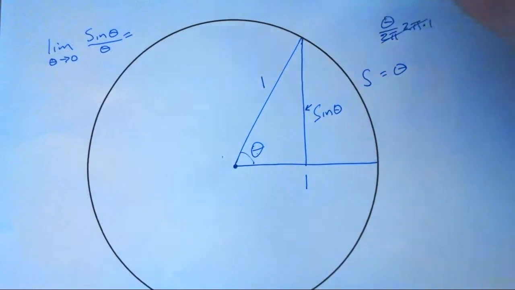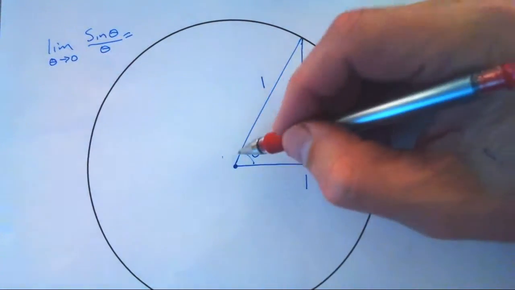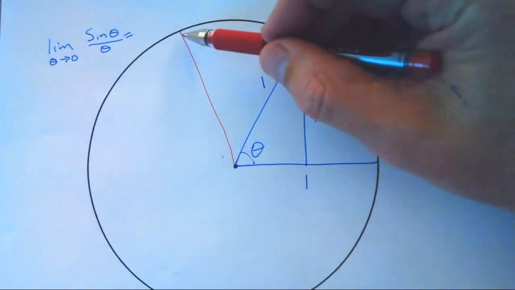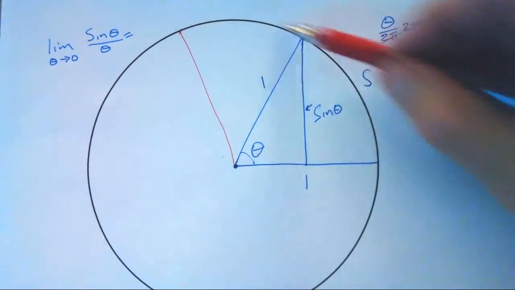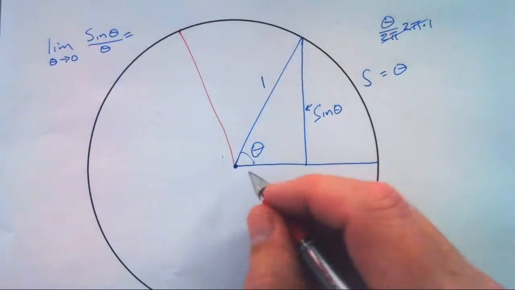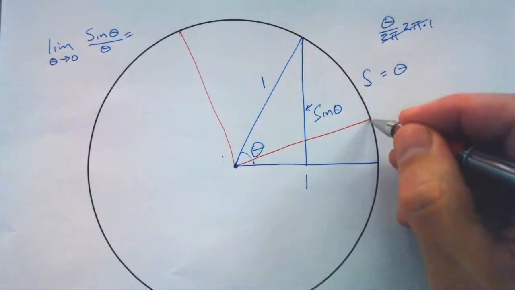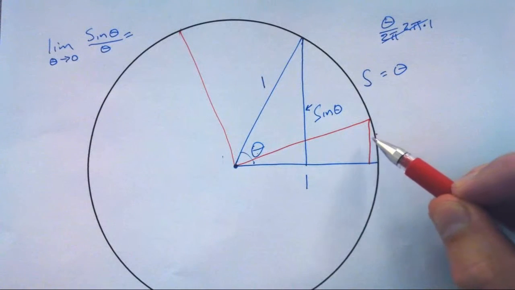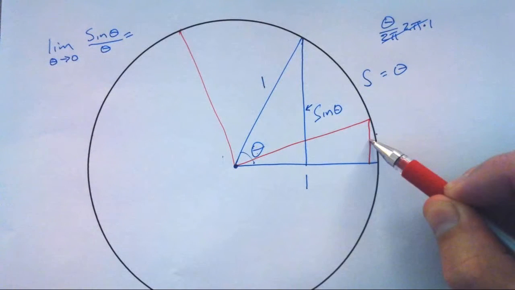And if I go to, say, here, sine of theta comes this side over here, that's longer and longer still. But what happens as I go this way and build that? This arc is still longer than that, but not as dramatically longer, right?